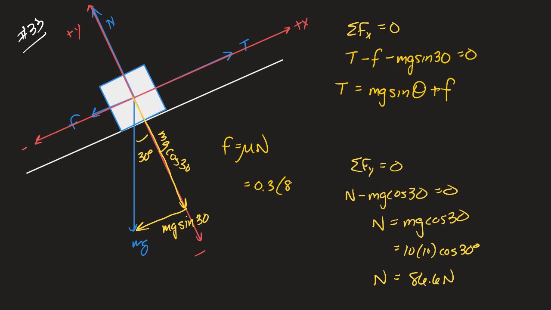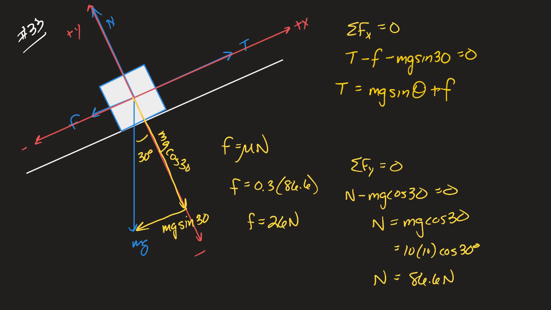So 0.3 times 86.6. This is going to be the size of the frictional force. Can somebody bang that out on the calculator for me? 25.98. I'm going to put 26, but you guys should use 25.98.